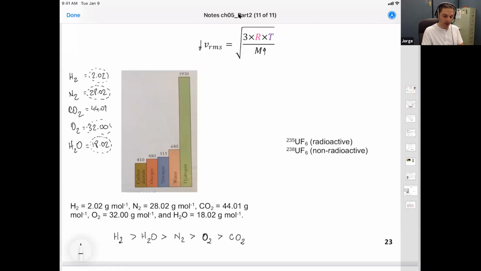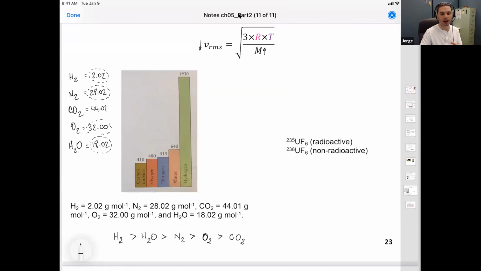So thinking about the concept of the speed of gases and some sort of practical application, if at one point I have a mixture of these five gases, I can try to separate these gases as a function of their speed.